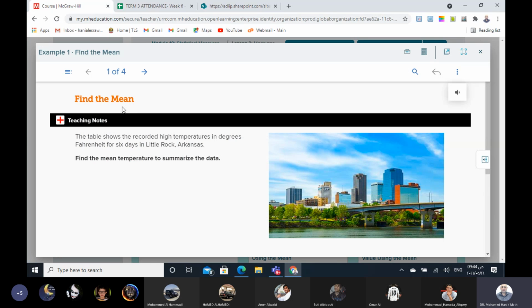Find the mean. The table shows the recorded high temperatures in degrees Fahrenheit for 6 days in Little Rock, Arkansas. Find the mean temperature to summarize the data.